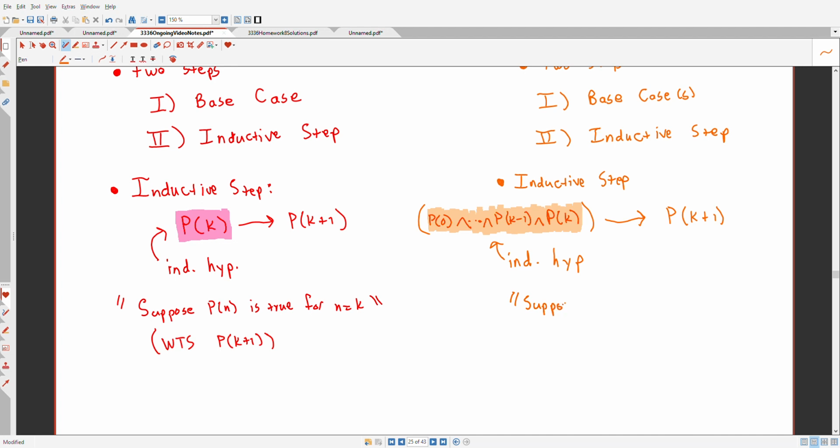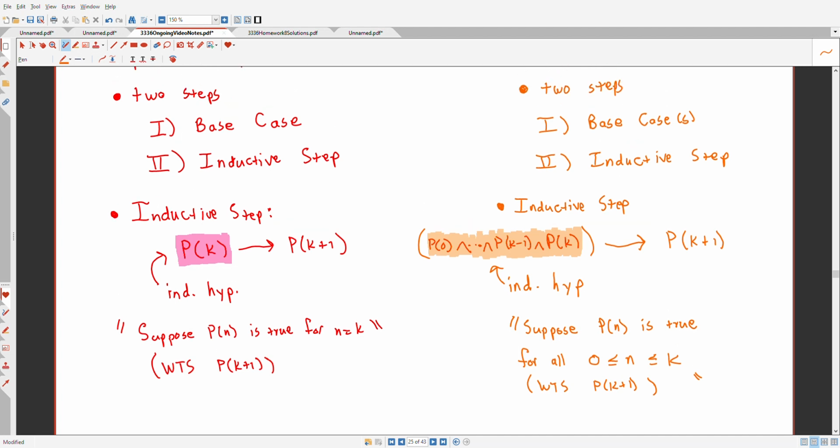Suppose P of n is true for all n starting at our starting value and ending at k. And then we'd say we want to show that P of k plus 1 is true. Right, so the inductive step is very different in strong induction.